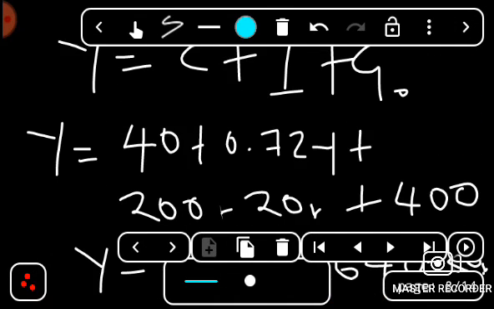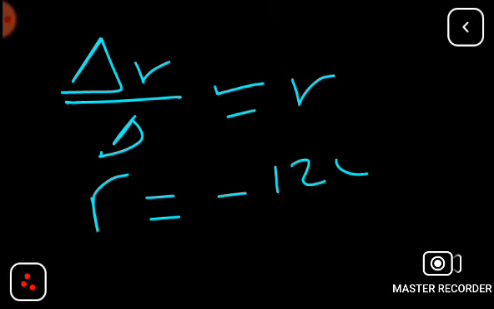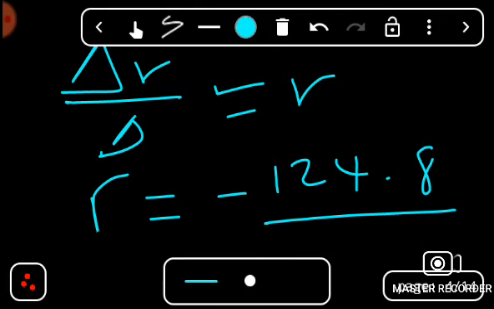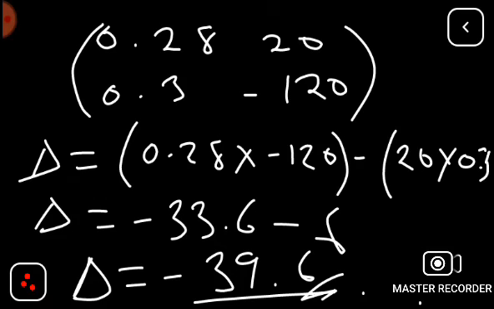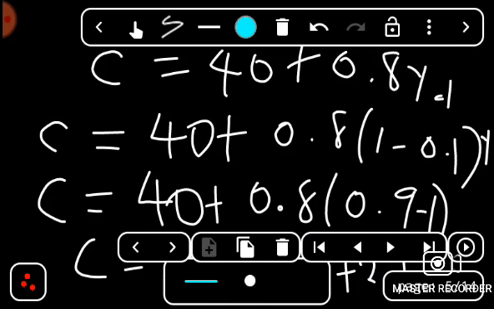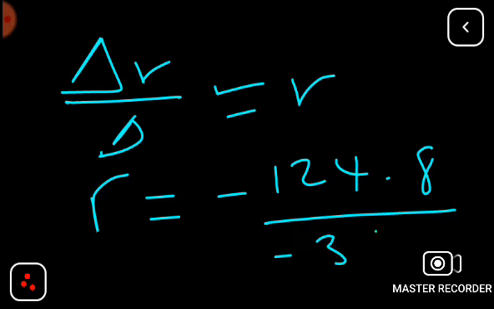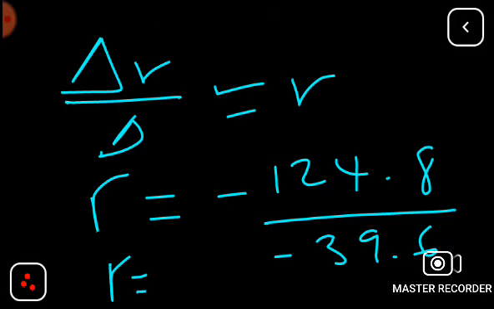So let's return to our page and find our R. Negative 124.8 over our change, which was negative 39.6, and my rate becomes 3.15. So this is my rate.